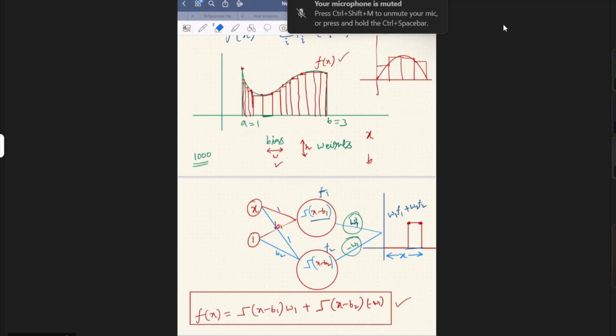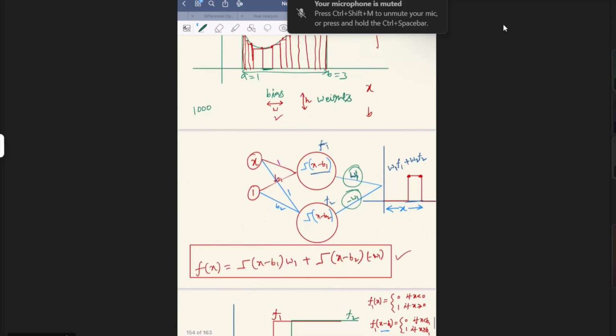Now if I wanted to approximate f of x, that is any piece of continuous function, then with 1000 such rectangles with suitable biases, from here to here, you need to choose several.